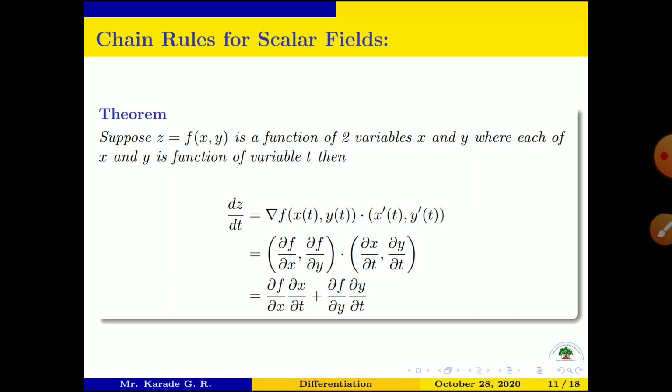So if z is a function of x, y and x and y are again functions of t, and if we want to find the derivative of z with respect to t, then that derivative is given by the formula dz by dt is equal to dou f by dou x into dou x by dou t plus dou f by dou y into dou y by dou t.